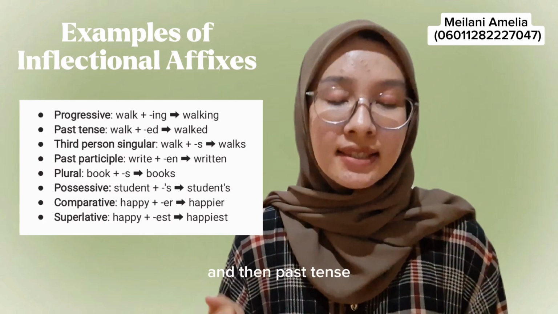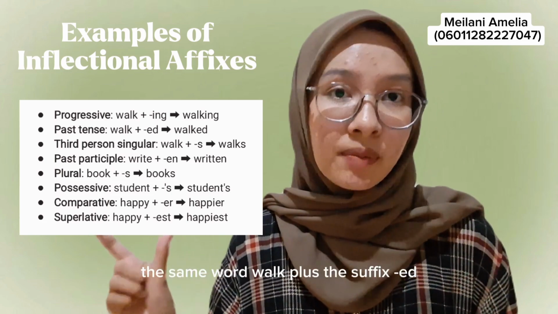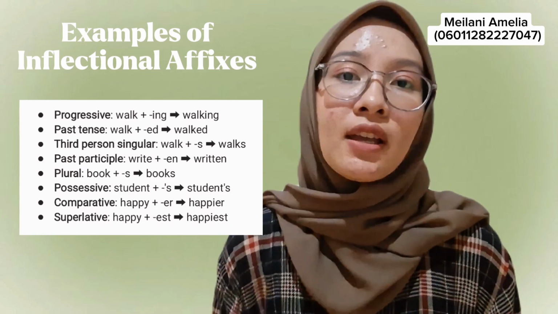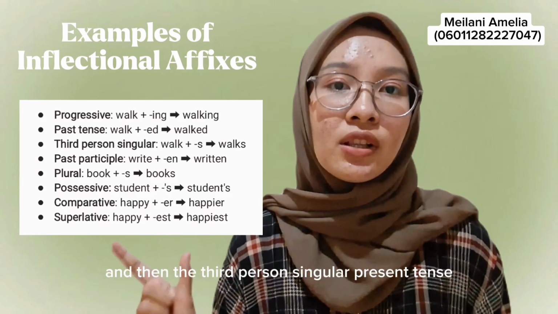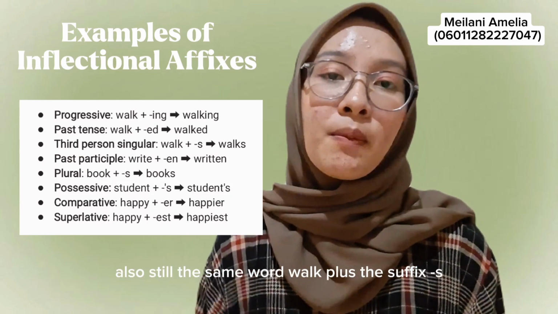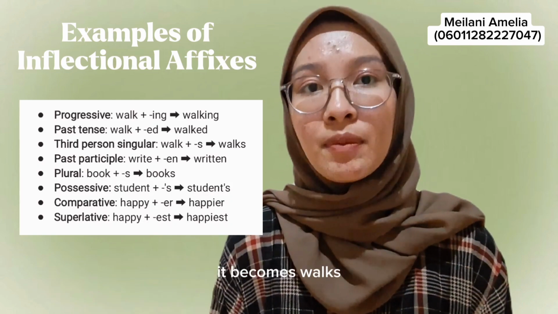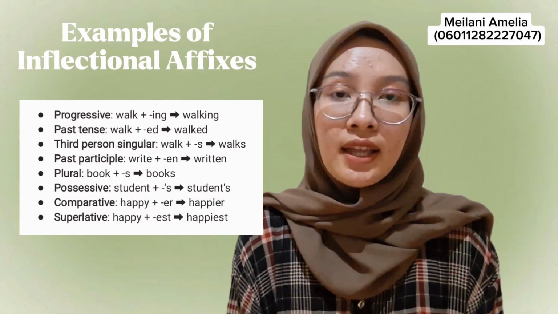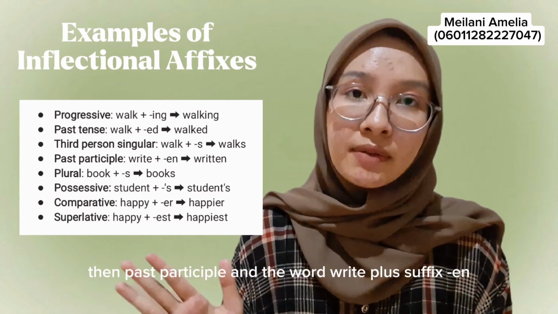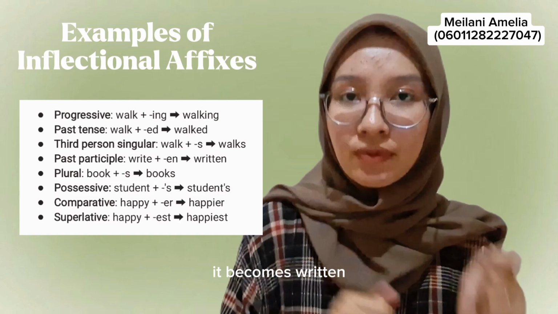And then past tense, the same word walk plus the suffix ed, it becomes walked. And then the third person singular present tense, also still the same word, walk, plus the suffix s, it becomes walks. Then past participle, the word write plus suffix n, it becomes written.